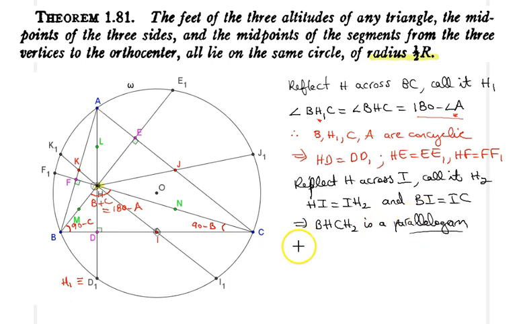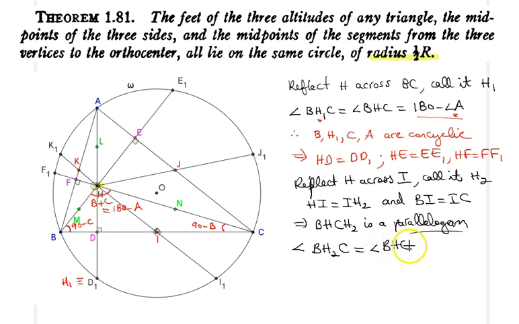It's possible to conclude that by angle tracing, BH2C is equal to, recall that H2 is somewhere on this line here beyond I, so BH2C is nothing but BHC.